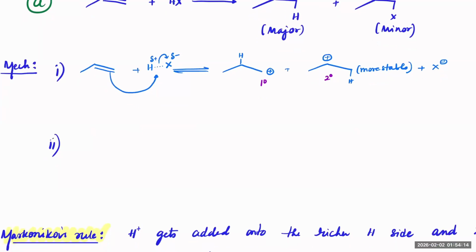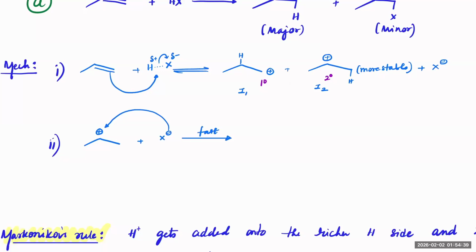Once you get this X minus out, let me put this as intermediate 1 and intermediate 2. Since this is the more stable intermediate, I am doing the reaction based on intermediate 2. So you have got this carbocation here, and X minus is going to attack. As X minus attacks here, this is a very fast reaction.